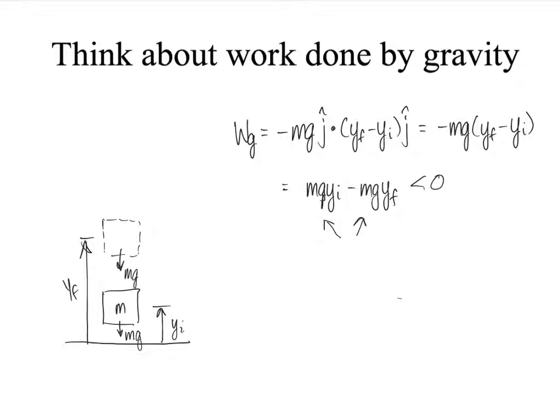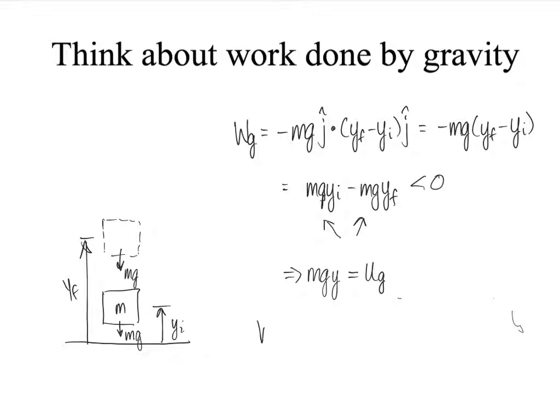So there seems to be a quantity, mgy, that's changing when I do the work done by gravity. And what we're going to do is call mgy the potential energy due to gravity.